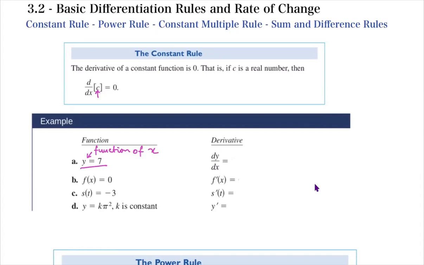That's going to be d7 over dx, which means the derivative of 7 with respect to x, and that equals 0. f of x equals 0. 0 is also a constant. Well, if I need to calculate the derivative of f, which would be f prime of x, we talked about all the notation of the derivatives, then it's going to be 0.